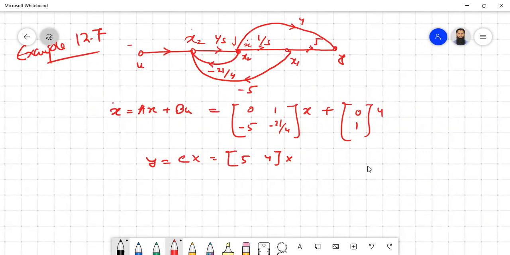But let's check with the observability matrix, because the system is not diagonalized. So OM this time is C and CA. C is 5 4, and then 5 4 will be multiplied with A.